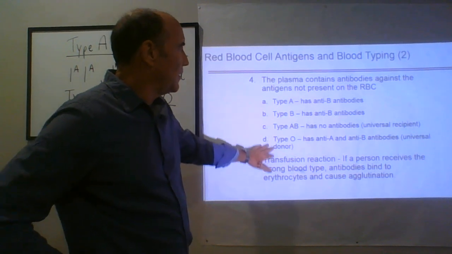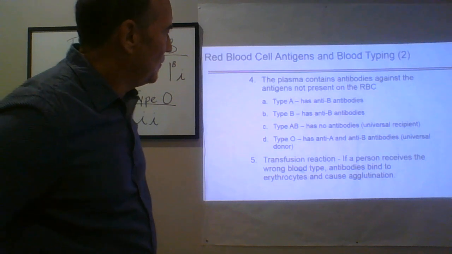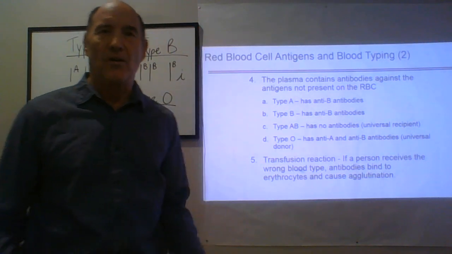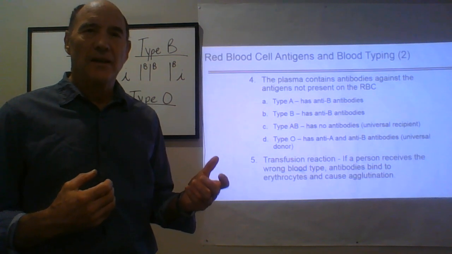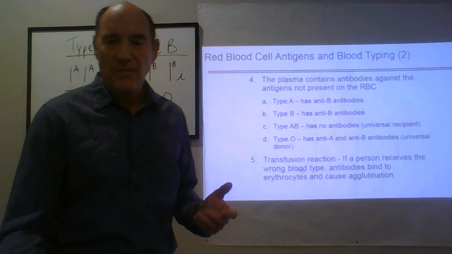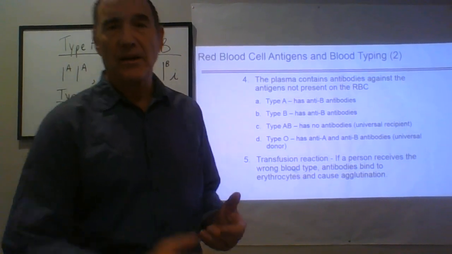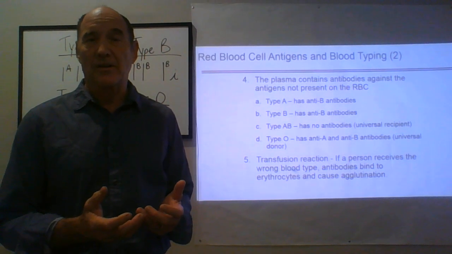Here's about the antibodies I mentioned earlier. Universal recipient is AB positive. They have the A antigen, they have the B antigen, they have the RH factor antigen. So they have all the antigens. Their immune system recognizes all of those and doesn't attack them.